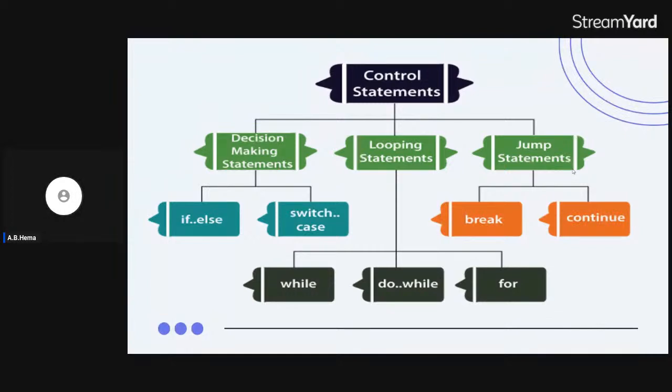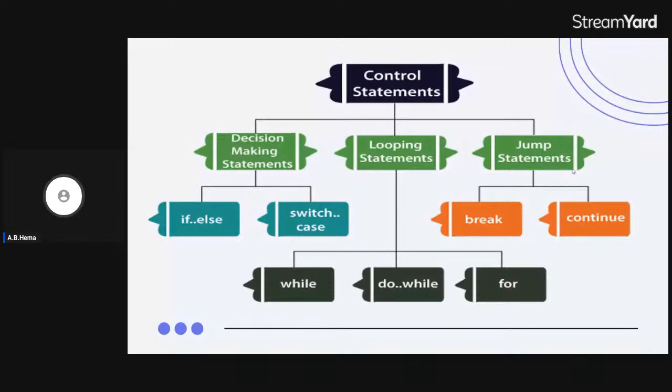Second, we have looping statements, which are used to execute a block of code multiple times till the condition is satisfied. So here we have for loop, for each loop, while loop, and do while loop in Java.